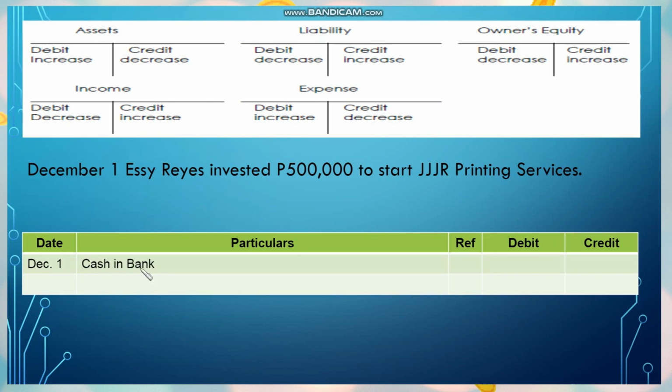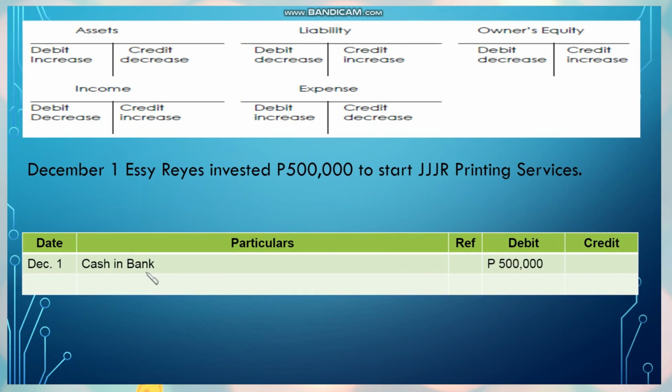We debit cash in bank because we received $500,000 of cash, and it is an asset, and it increased the asset. So it is on the debit side. Now the amount is $500,000, so you put it under the debit column. So that's cash in bank for $500,000.